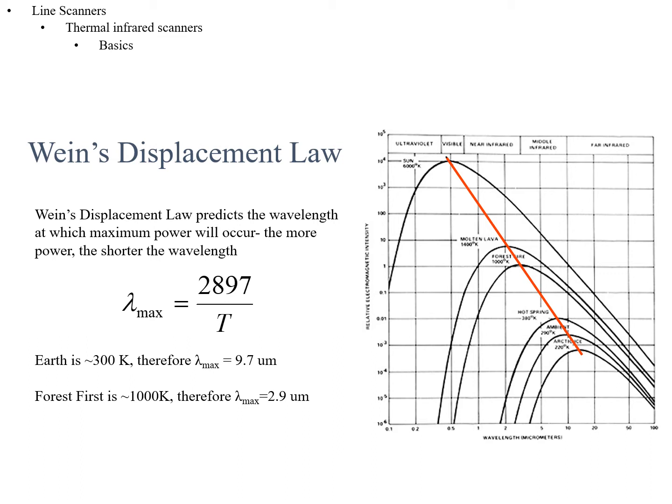Therefore, that maximum wavelength of emission is about 9.7 micrometers. A forest fire, that should say, is about 1,000 degrees Kelvin, and therefore the wavelength of maximum emission is about 2.9 micrometers. And so we can actually use the further mid-infrared band on the thematic mapper to make some high temperature fire measurements.